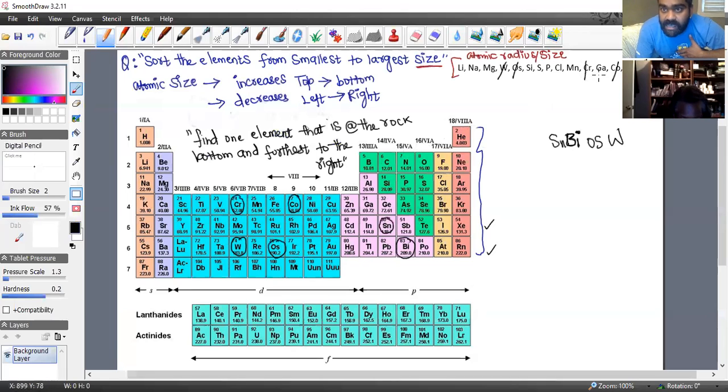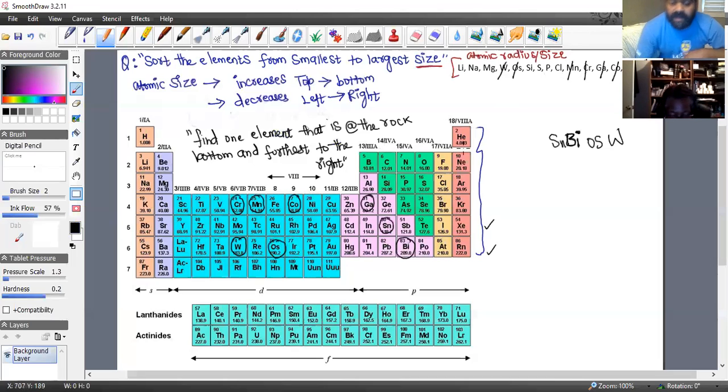I see GA. Start striking it. Circle it, right? You can use different colors if you want. And then there is manganese, and then what else is there? Yeah, I think that's it. The rest is all 1 row above.